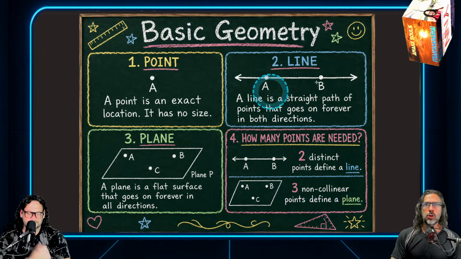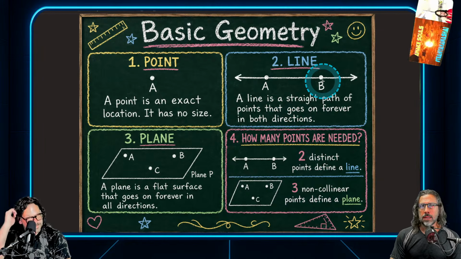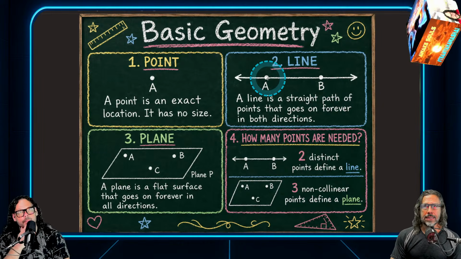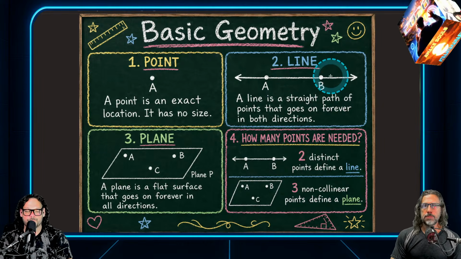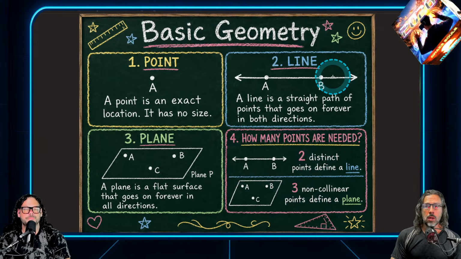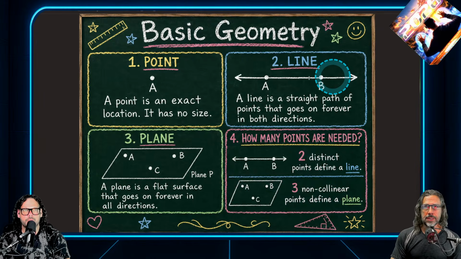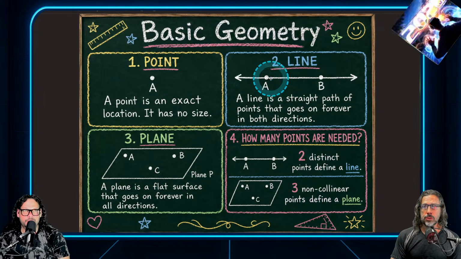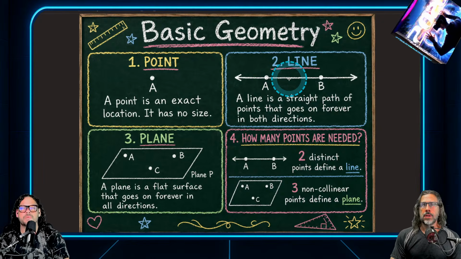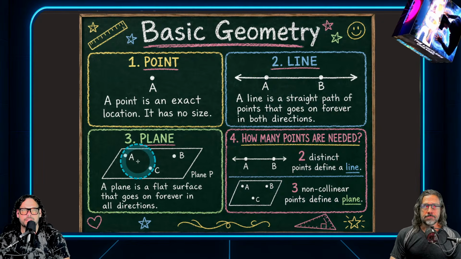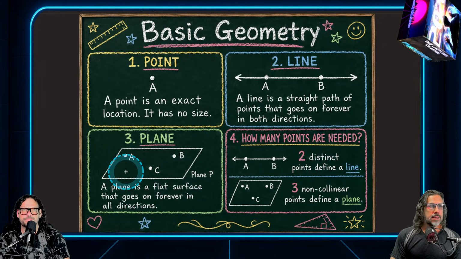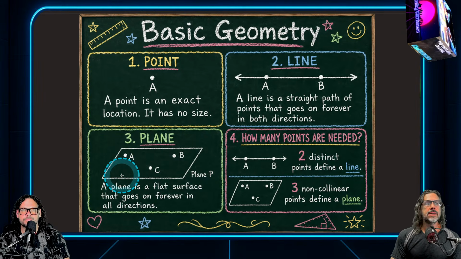If you have 2 points, then you can make a line, and it's a whole bunch of points. It has no third dimension to it, so this is two-dimensional.